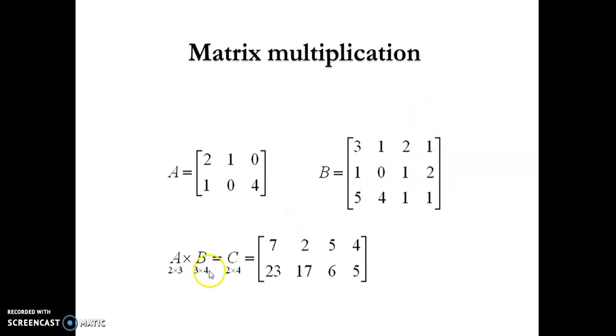So it is a 3 by 4. Notice these two are the same. So therefore my answer C must have an order of 2 by 4. I take the outer number over there and the outer number over there. So you could even draw your brackets and then have spaces for 2 rows but 4 columns so that you know the entries that you are going to get.